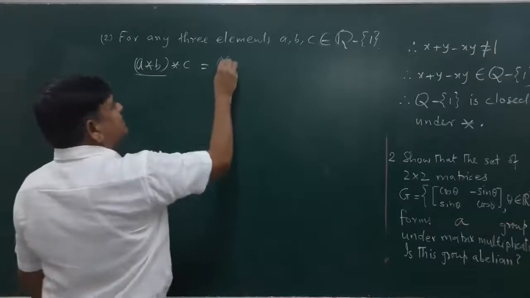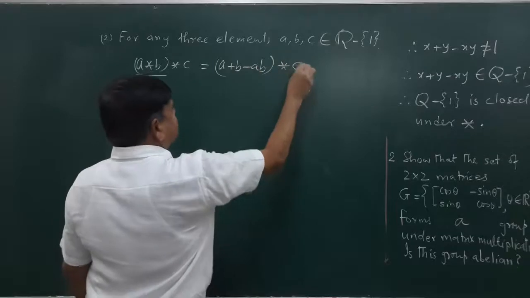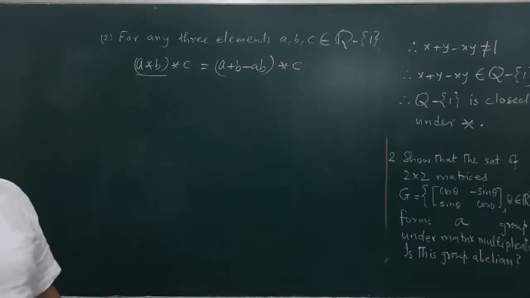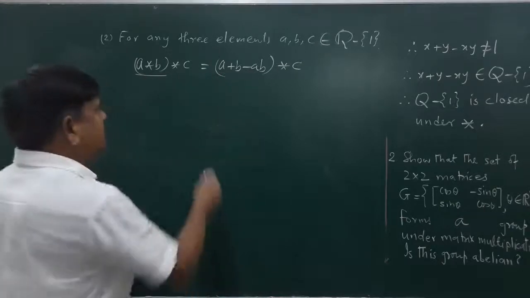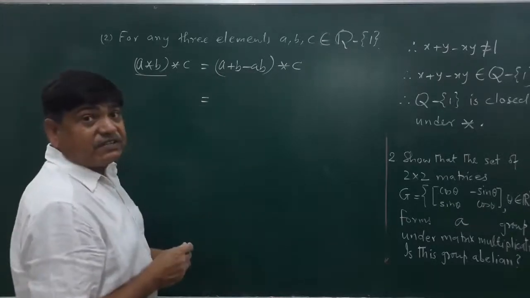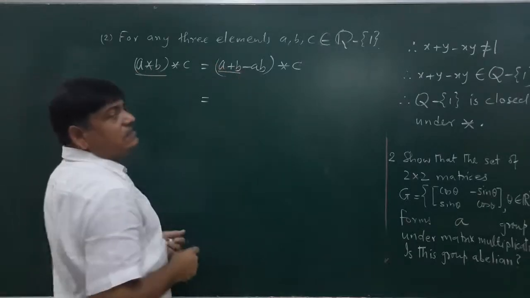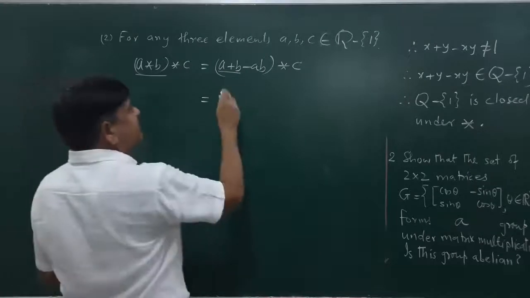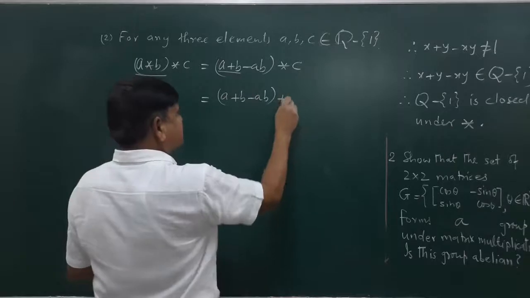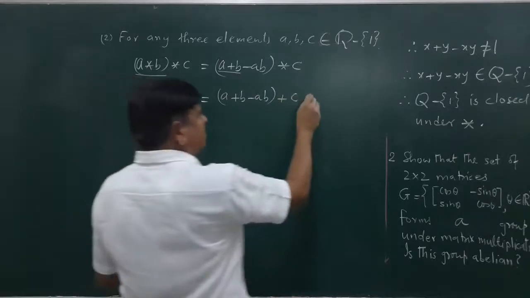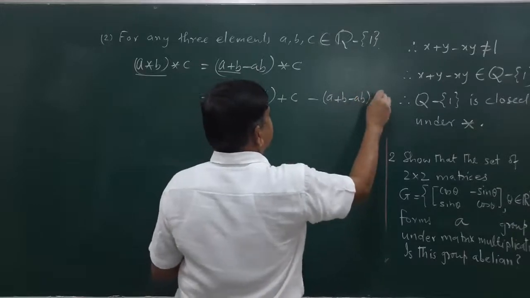Apply the definition. A plus B minus B. A as it is B, definition is given. क्या है definition? दोनों को add, minus then subtraction. So here it is A plus B minus A plus C then minus A plus B minus AB into C.